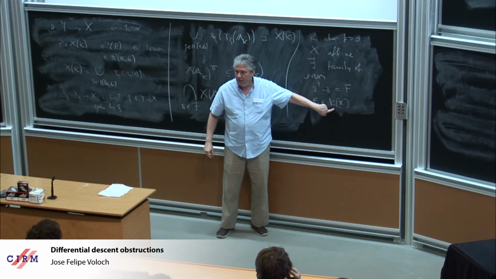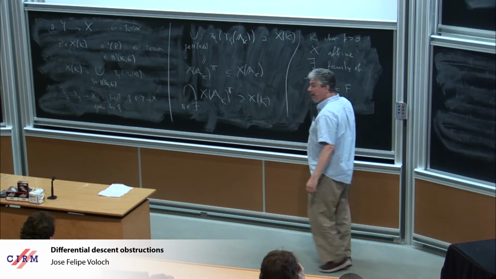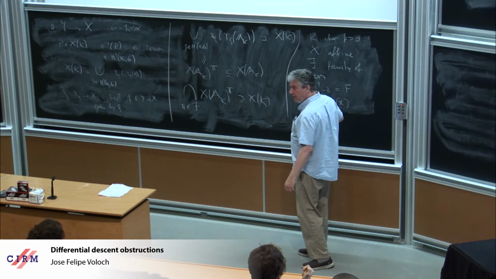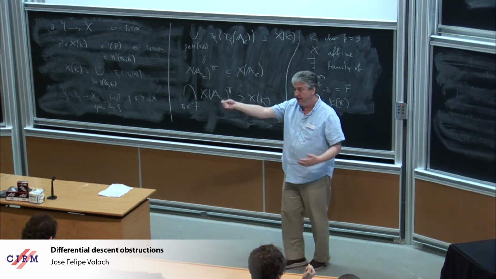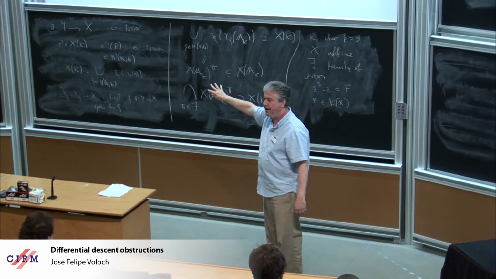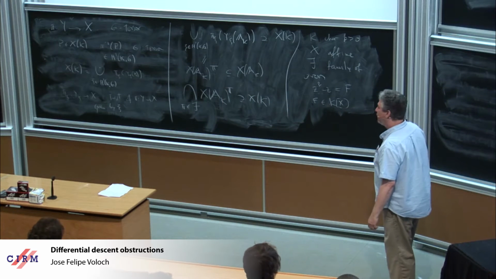And G is the F_q, yes. But I'm going to vary q as well. So I have to allow all powers of the characteristic, so the G's are varying as well. I didn't mean to say there that I fix a G. I may allow myself many G's.